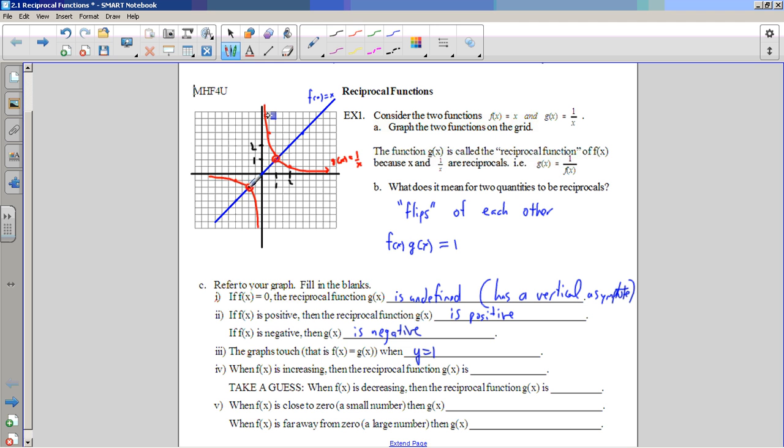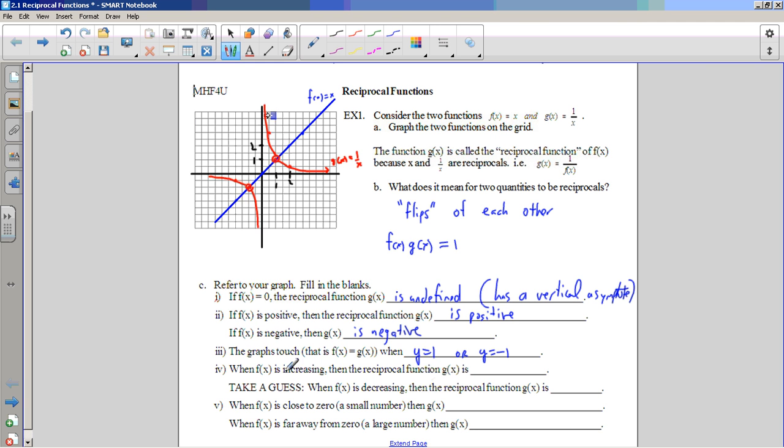Or, notice when I flip -1 as well. And this is what I'll call stationary points, that when we take the reciprocal, they don't move. When I flip y equals 1, it ends up with 1, and when y equals -1, it ends up with -1. It doesn't move.